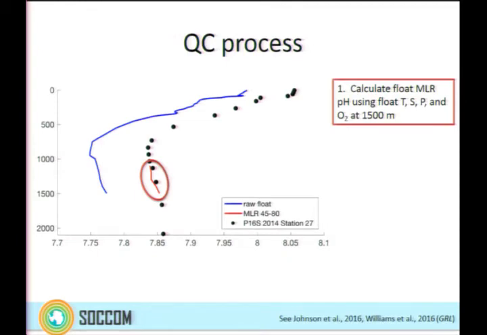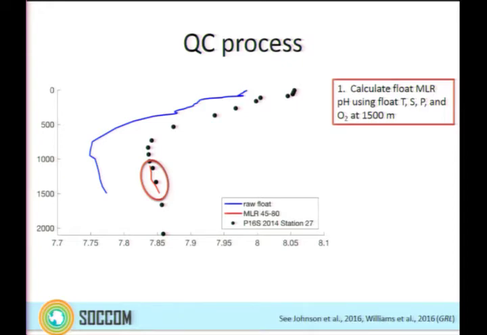And just to show you a little bit about how we do the quality control, we calculate what we think pH would be at 1,500 meters using the float data. So the blue line, this is the first profile. The blue line is the raw pH from the sensor. The black dots are the bottle data, so that's the calibration data that's used to train the MLR.